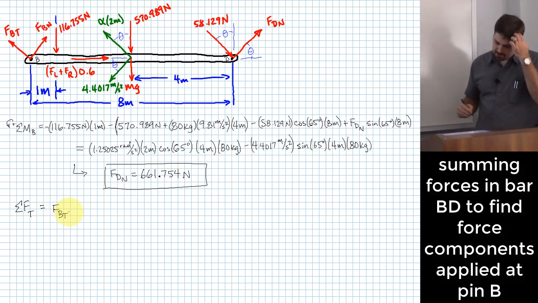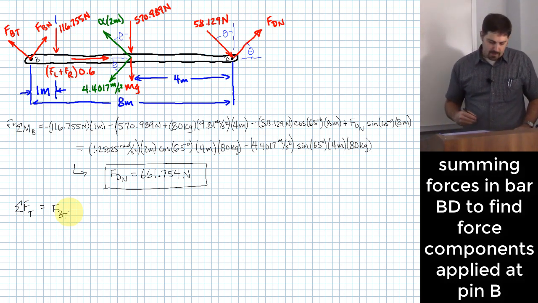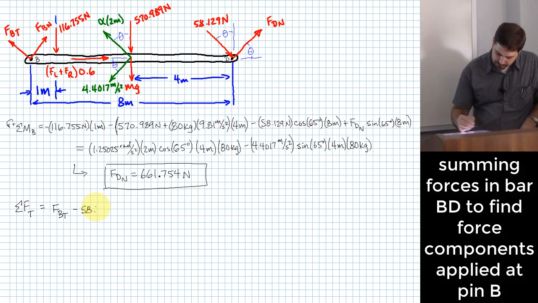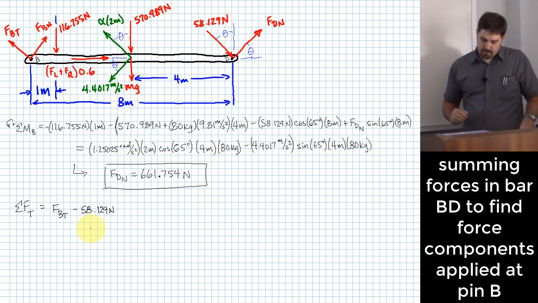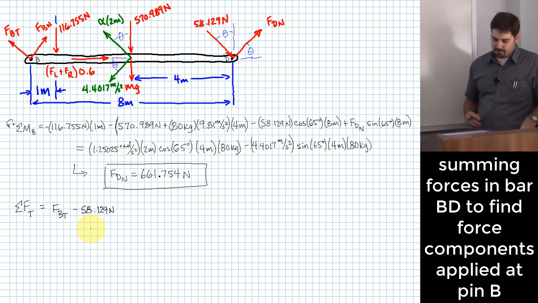Okay. May as well put my FDT on there as well. It looks like it goes in the opposite direction, so I say minus 58.129 newtons. All right, because it acts in the same direction as that first one. Then what?